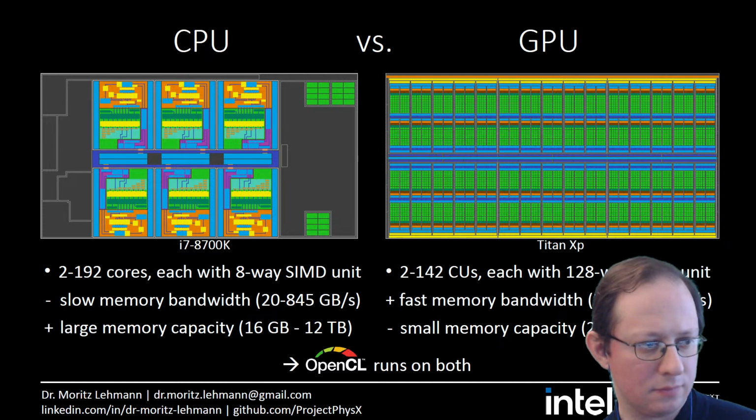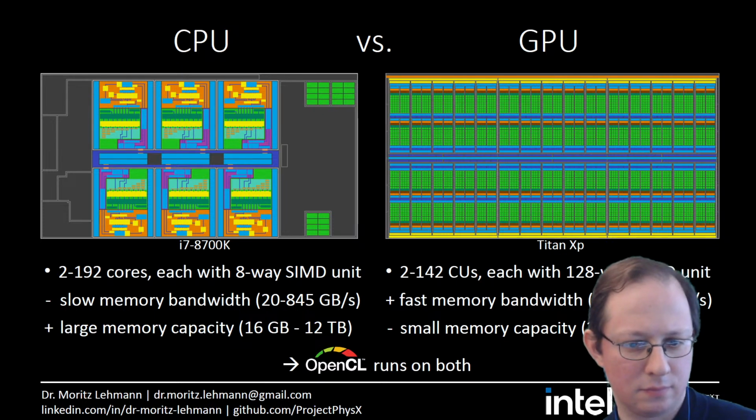And the modern CPUs, they have hundreds of cores already. And if you break it down into the SIMD units, they get to comparable floating point throughput, actually, which is kind of crazy.